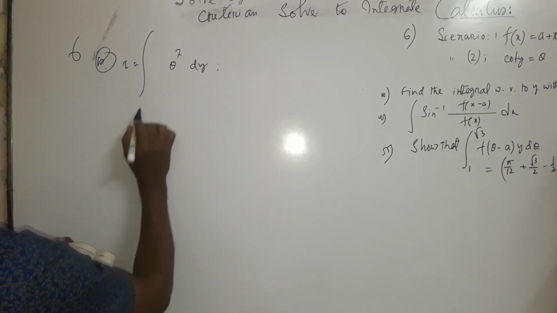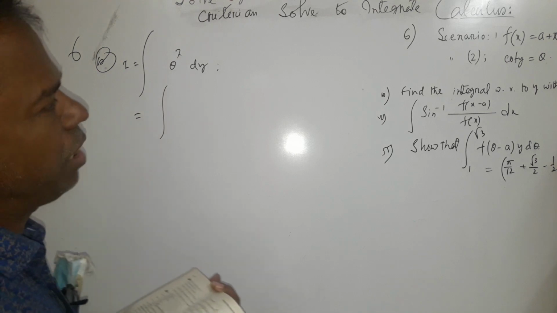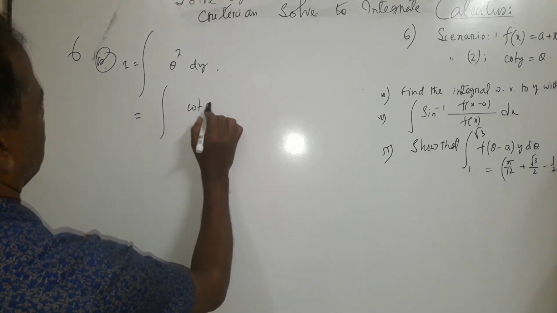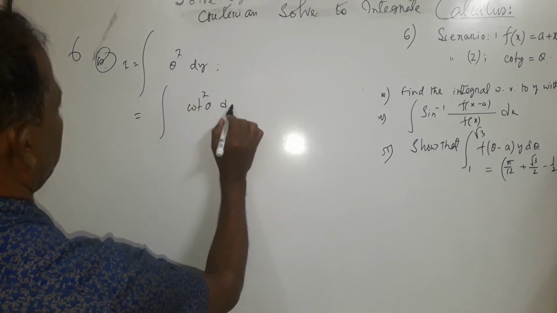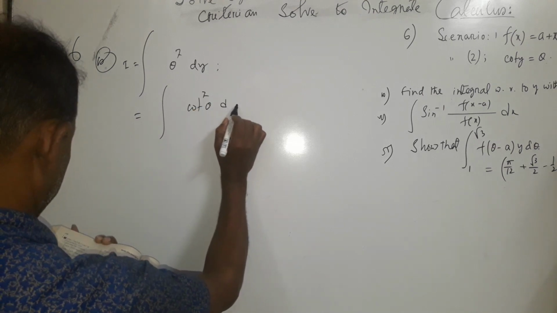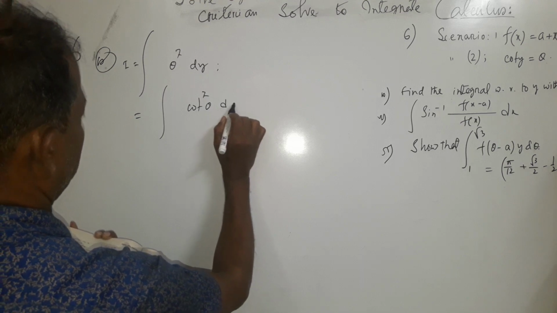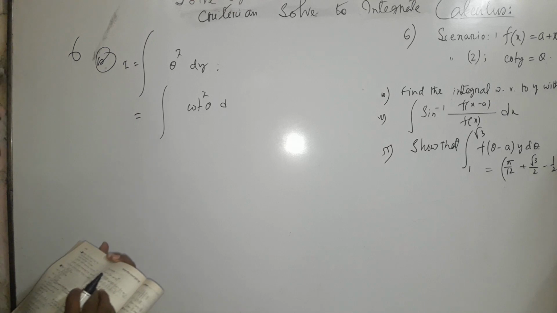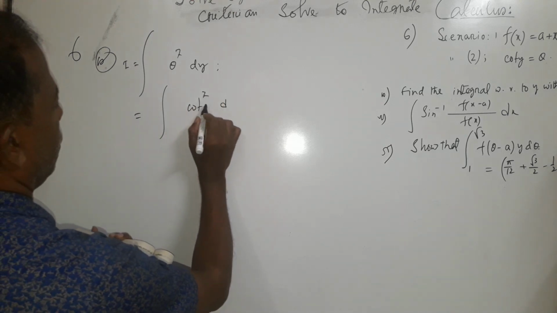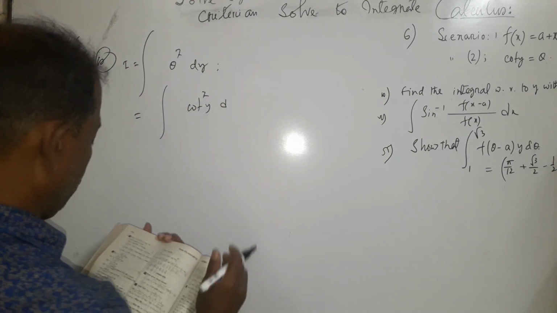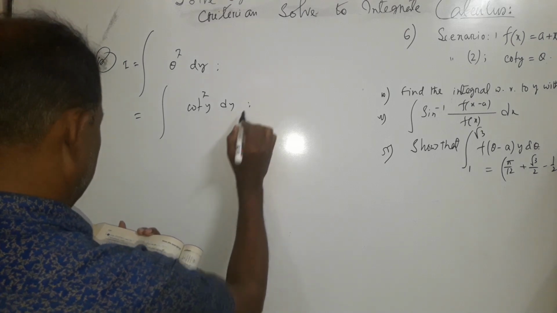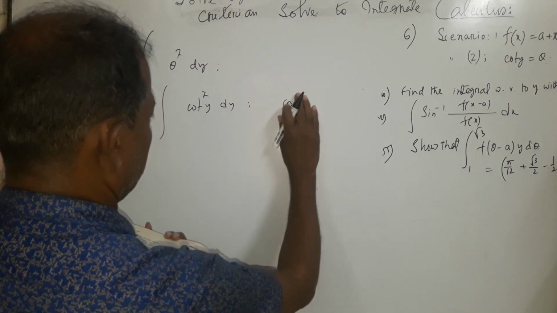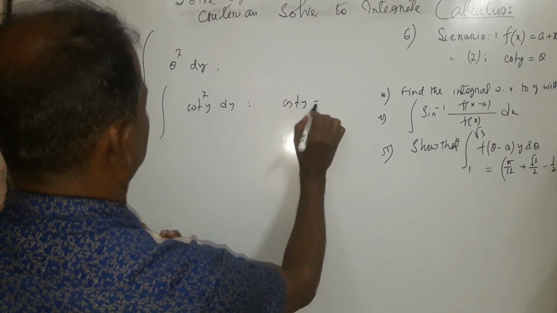I equal to, so then theta to the power y means cot to the power 7 y dy, and cot y dy, just cot y equal to theta.